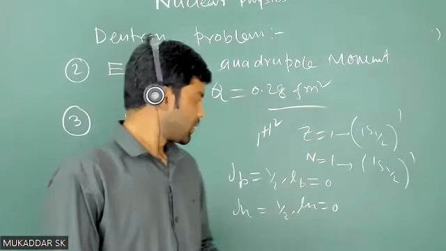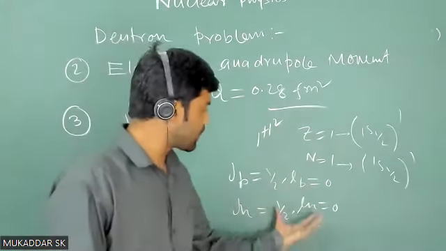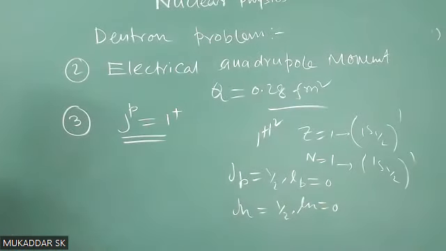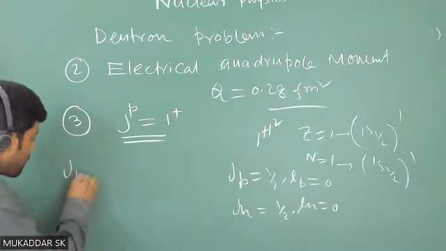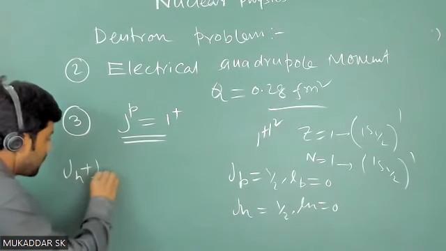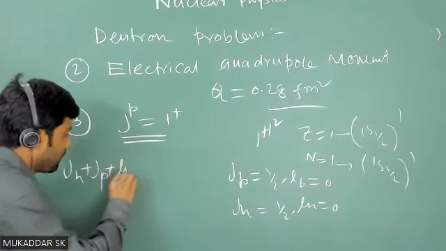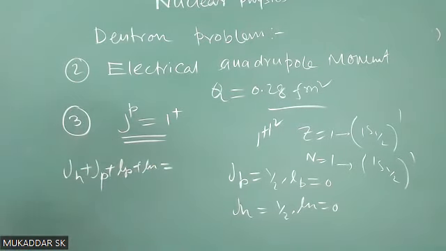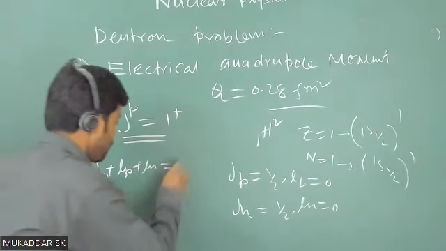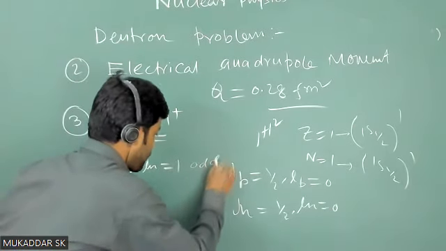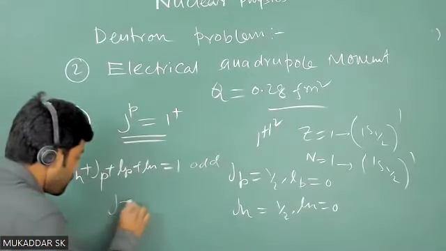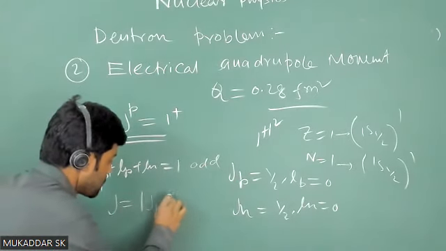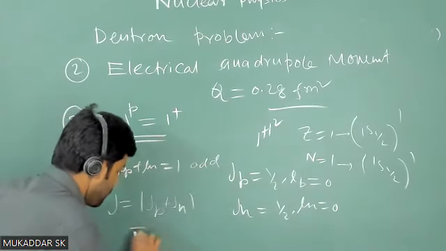Is this understood? You should have done this. So now if we sum JN plus JP, whatever order you take, and LP plus LN, how much will we get? Net J will be the modulus of JP plus JN, and that will be 1.